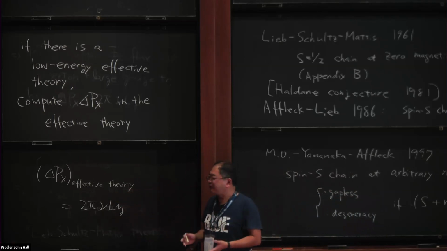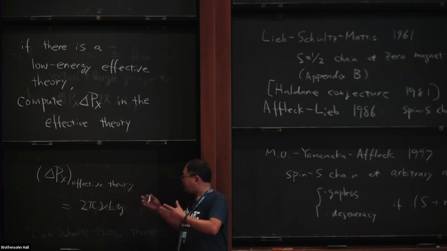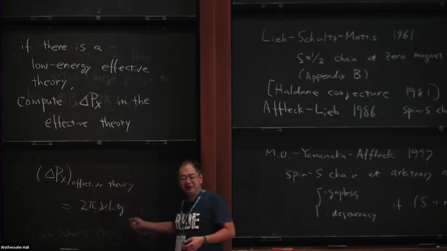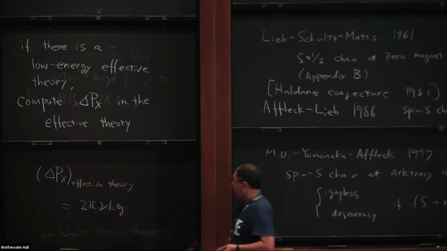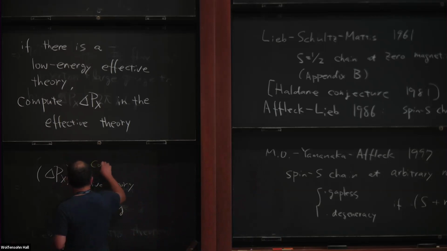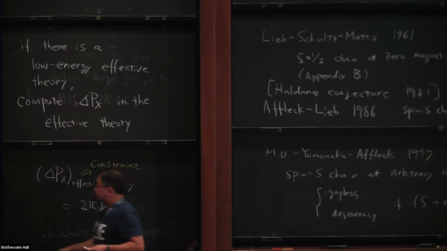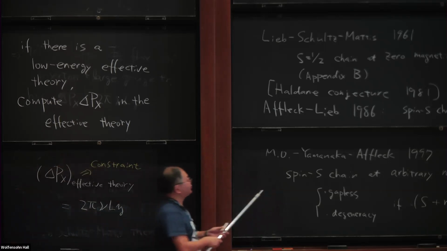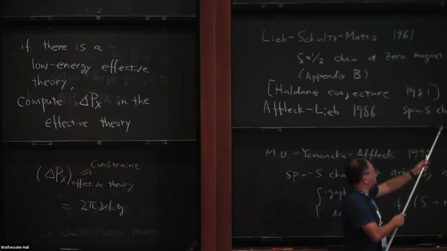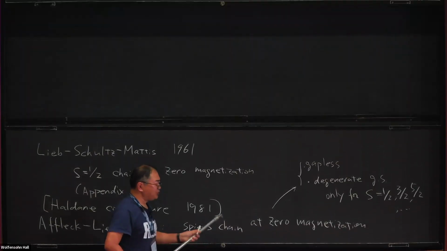And if your effective theory contains some parameter, then the parameter must be fixed so that it reproduces this result. So this gives you some constraint on effective theory. So this should apply to any possible low energy effective theory you might want to use.